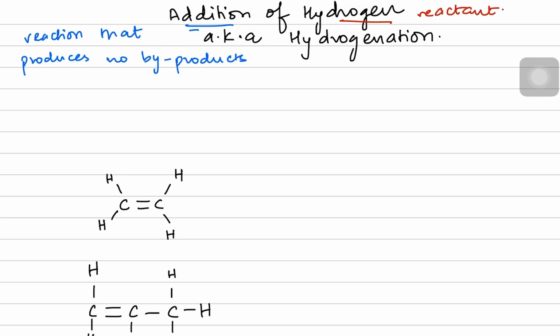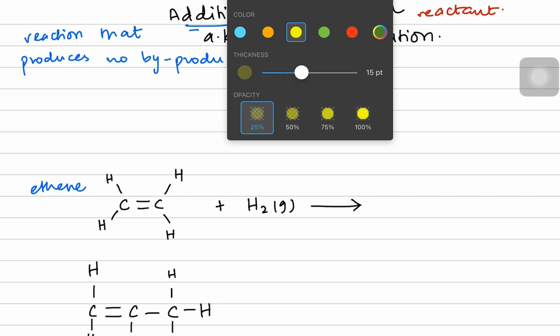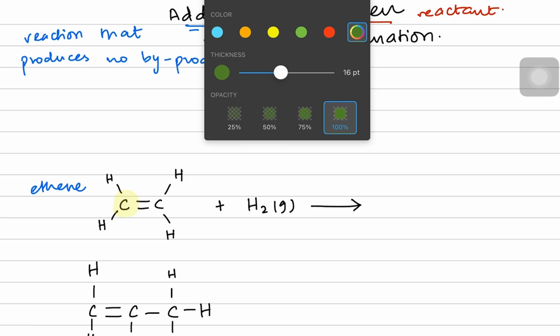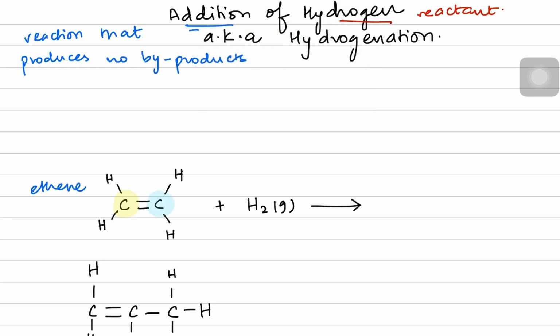In order to understand hydrogenation, or the addition of hydrogen, let's take an example of our molecule ethene, which is here on the left hand side. When ethene reacts with a hydrogen molecule, it's a very simple reaction where I should focus on these two carbon atoms, the yellow one and the blue one.